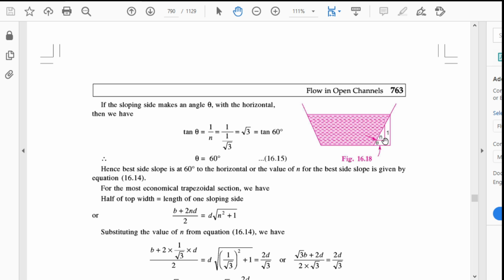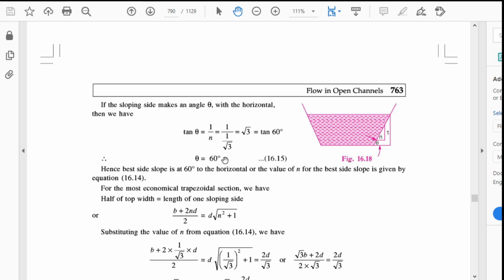By using this theta value, we can say that for the most economical trapezoidal section, the side slope should be 60 degrees to the horizontal. That means the sloping side must make a 60 degree angle to the horizontal.